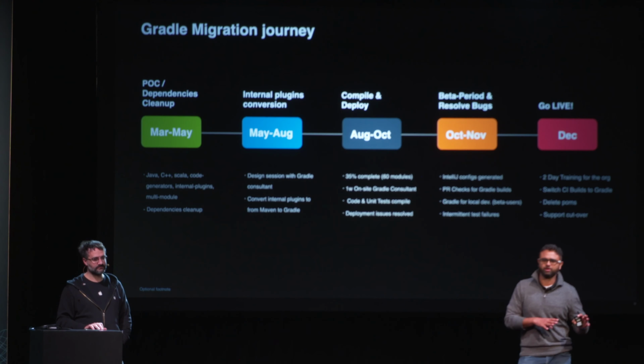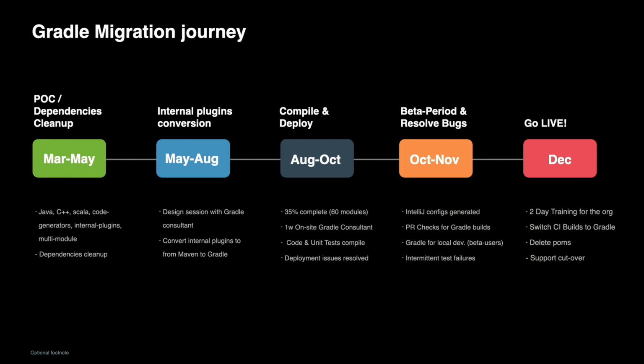Once that was resolved, we focused on creating the IntelliJ configurations so that people could start using Gradle for their local development. We also added PR checks to our Gradle builds at that time, and created a beta team of Gradle users who would use Gradle for their day-to-day work.